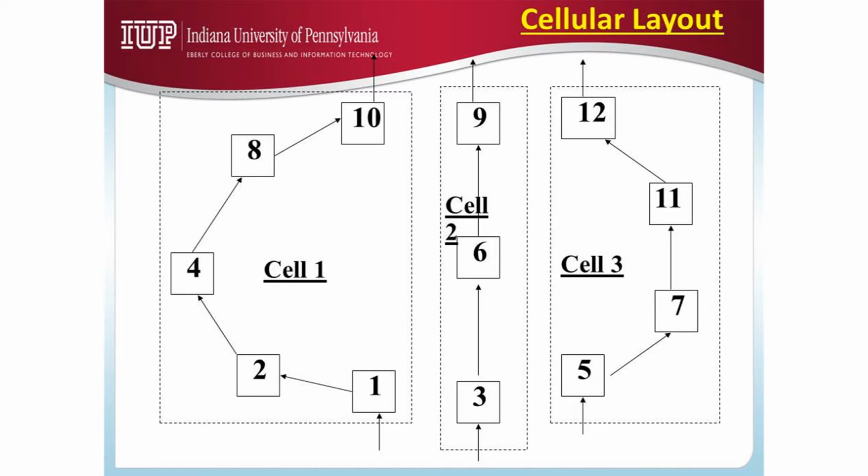These are machines, these are equipment, and all the parts assigned to cell 2 go through these 3 workstations. Finally, cell number 3 is 5, 7, 11, 12, and you have the third cluster of parts assigned to this. So each one of these cells works like an assembly line, and all of these put together is like a job shop.